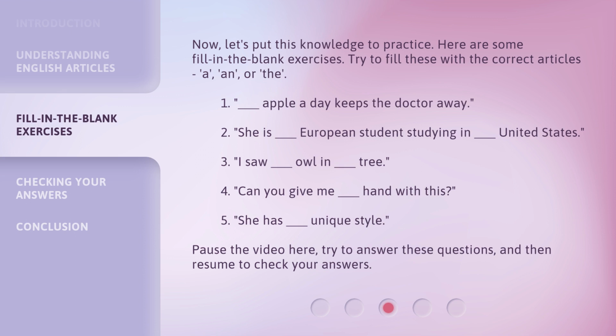I saw ___ owl in ___ tree. 4. Can you give me ___ hand with this? 5. She has ___ unique style. Pause the video here, try to answer these questions, and then resume to check your answers.